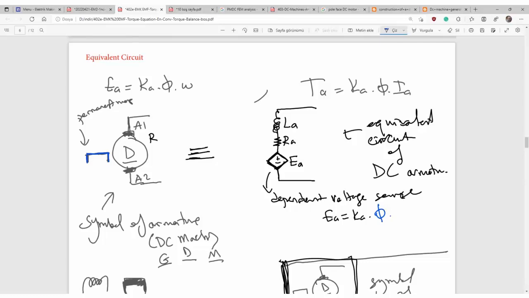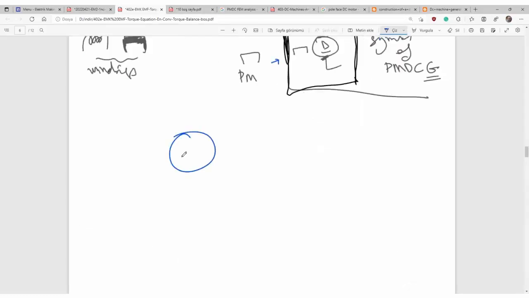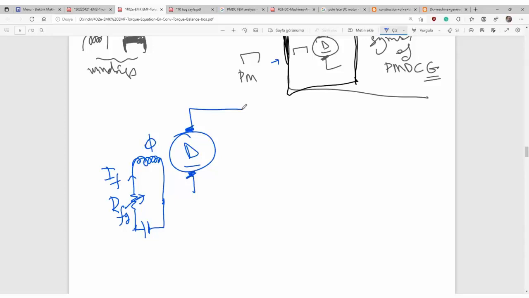Let's say here's a dynamo, here's a field coil, and here's a control rheostat, RFG. Here's the external battery, and by changing this rheostat, you can control the field current and then control the field. Here's the armature. When you rotate the machine at the speed of omega, you can control the EMF.